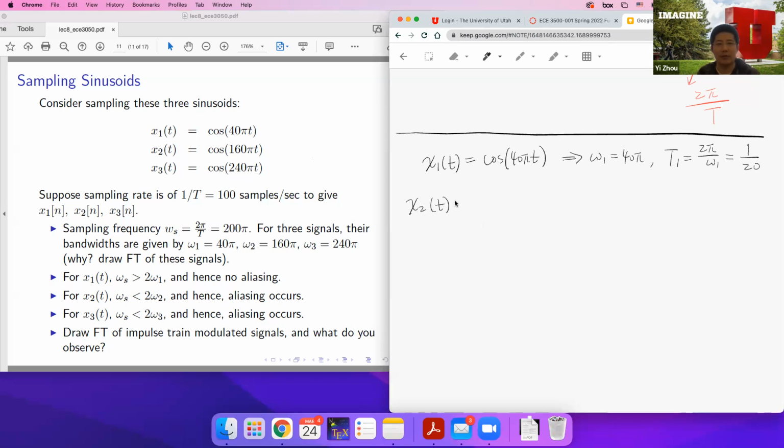And similarly for X2, T2 is 2 pi over omega 2, which is 1 over 80. So this one has higher frequency, which means a smaller fundamental period.